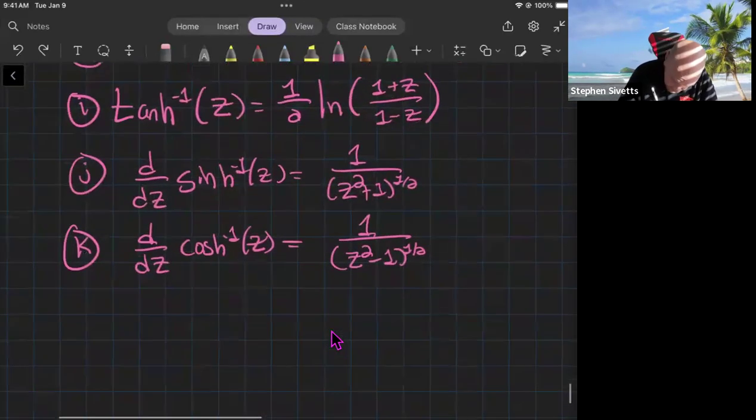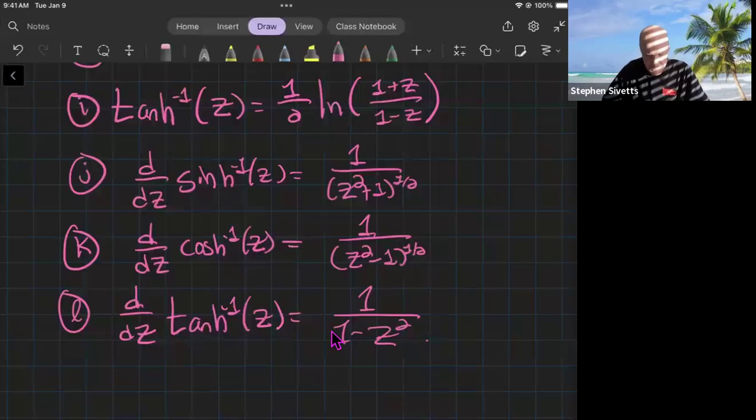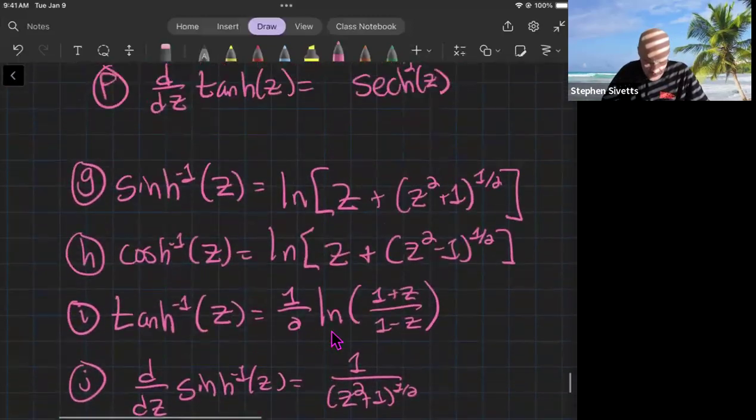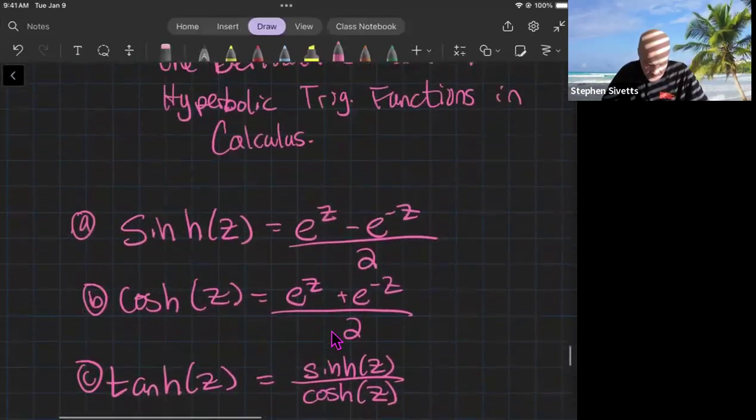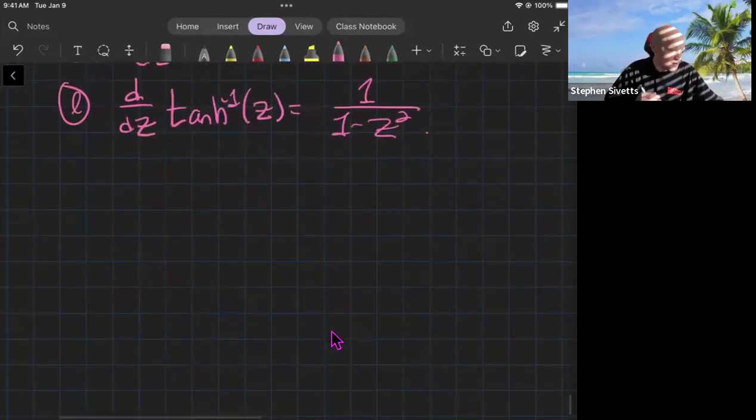And then the derivative of inverse hyperbolic tangent is 1 divided by 1 minus z squared. Okay. So those are the various rules for hyperbolic trig functions.